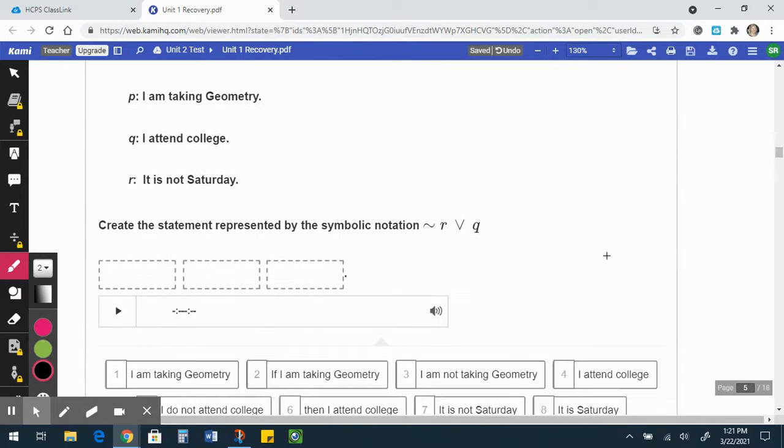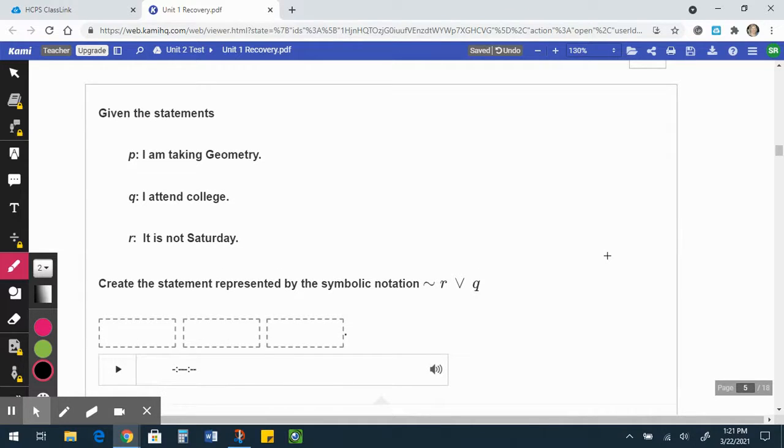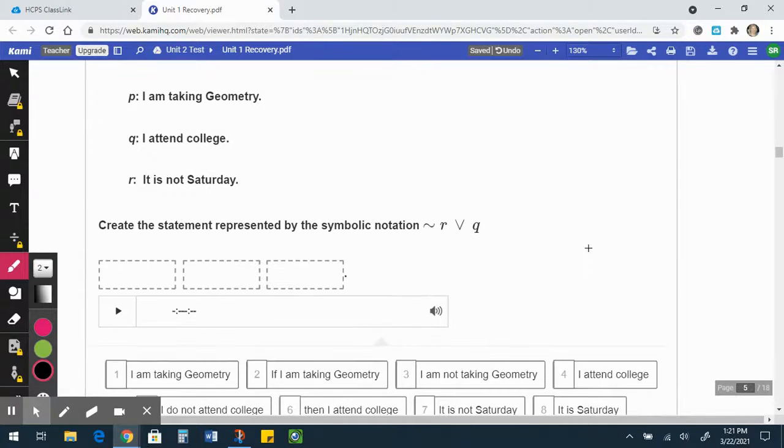Number 5, given the statements, P, I am taking geometry, Q, I attend college, R, it is not Saturday.